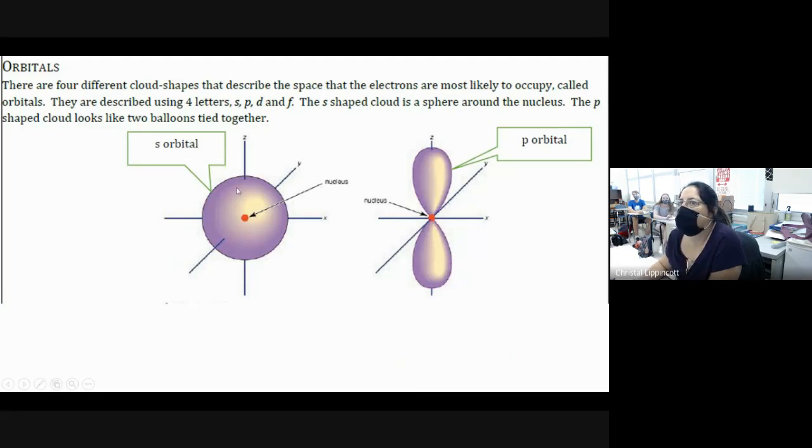So we have these orbitals. We have the s orbital and we have the p orbital. Remember, the s orbital is a spherical orbital. The p orbital is kind of a peanut shape. And then we have hybrid orbitals that we'll get into in our next unit, where we mesh these together and make sp orbitals. But we're not there yet.